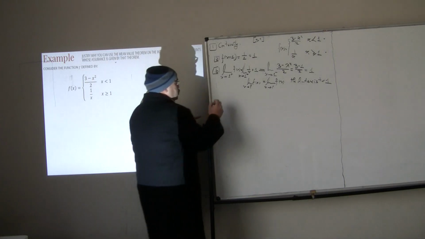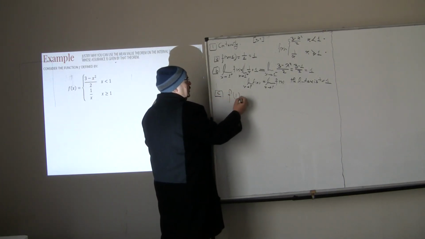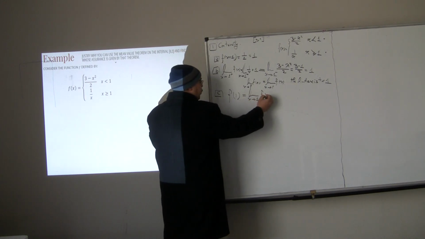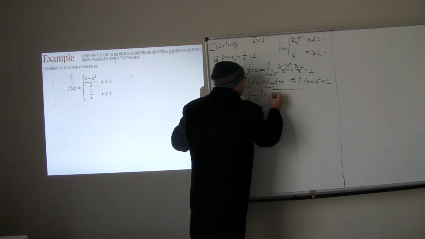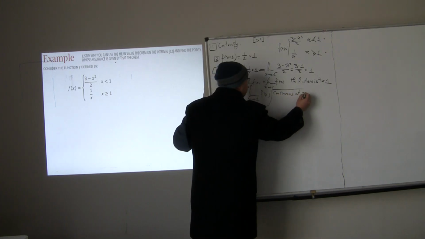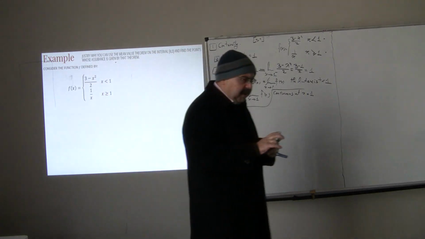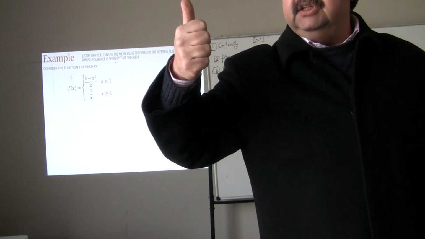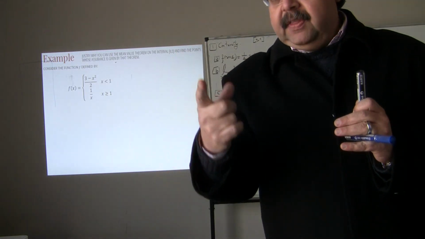Number 3, both the definition and the limit should equal each other. So actually f at 1 equals the limit as x tends to 1 of f of x. This means that this function is continuous at x equal to 1. Now Dina will ask me, now we are sure that this function is continuous at x equal to 1, but is it continuous for the whole period where I want to apply the mean value theorem?